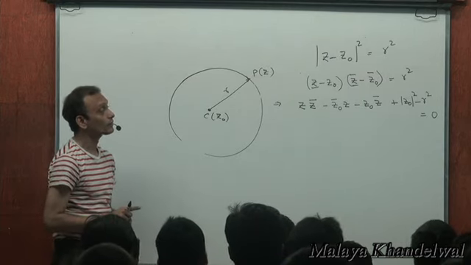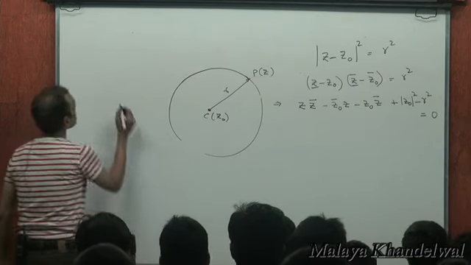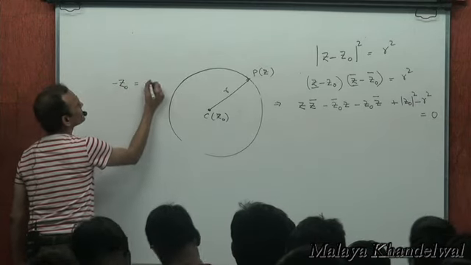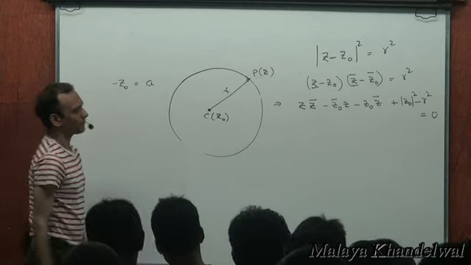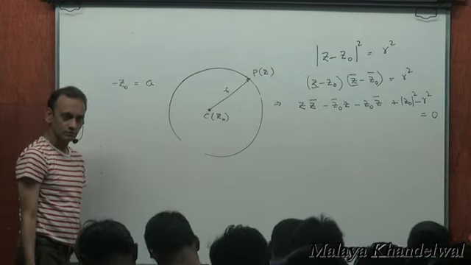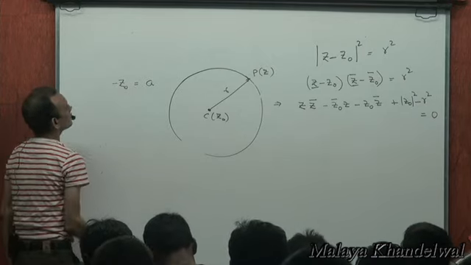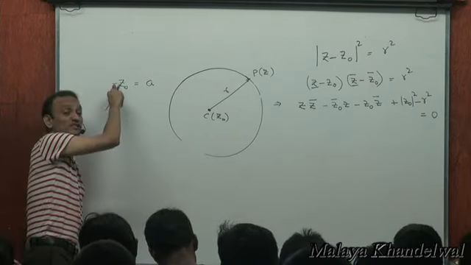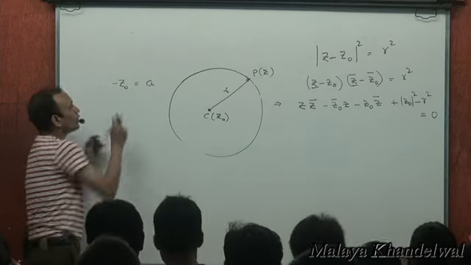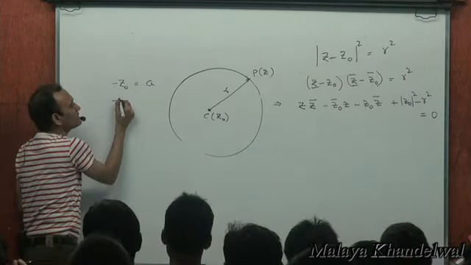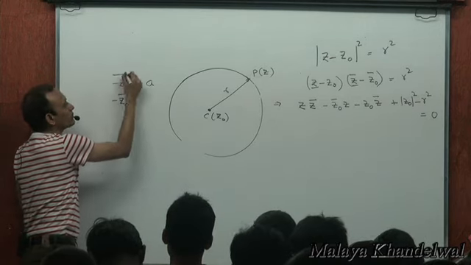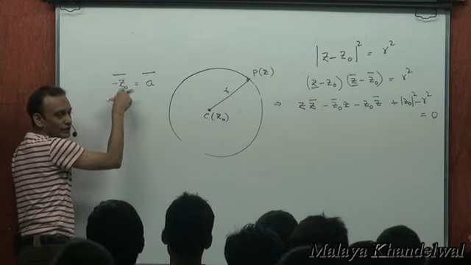Now, suppose minus z naught is a complex number a. Now if I take the bar, the bar of minus 1 will be minus 1 only, because minus 1 is a real number. If I took the bar of the whole thing, then minus z naught bar is bar of minus 1 into bar of z naught.